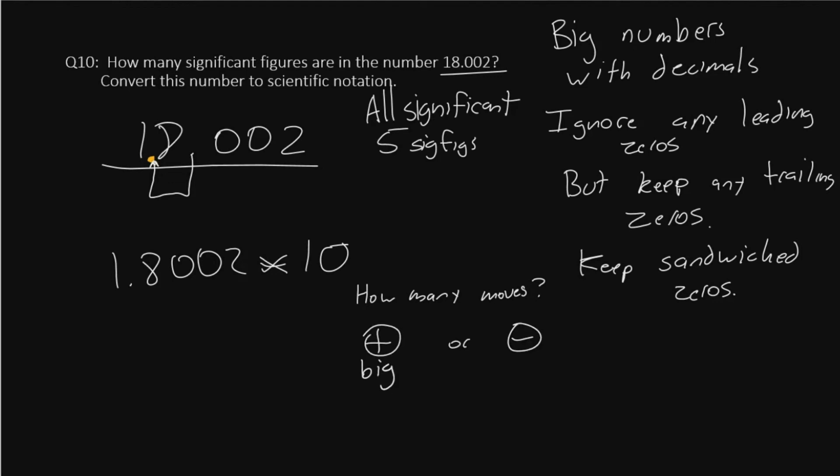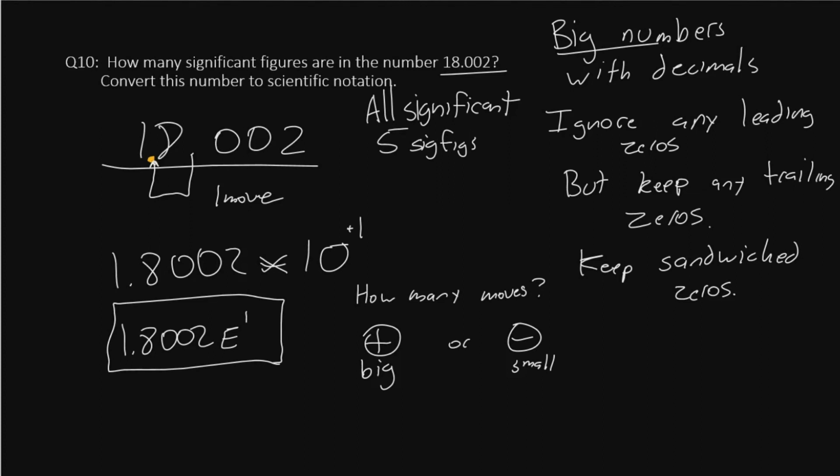Keeping in mind that positive is big and negative is small. It took one move and we started with a big number, so we put the 1 because of one move, and because it was a big number and not a small decimal, we say +1. So you could write as your answer 1.8002 uppercase E1, or just times 10 to the 1 would also be fine.